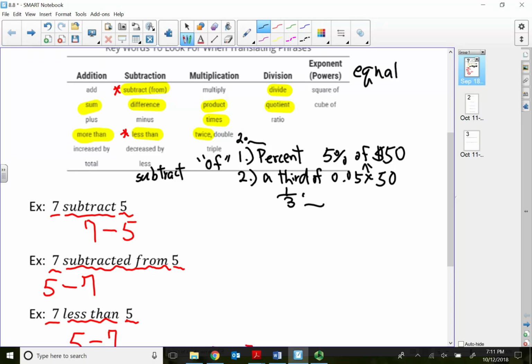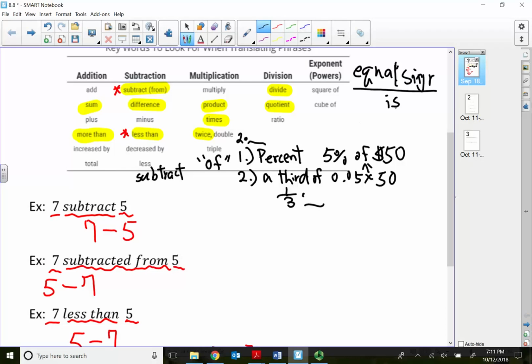Translating for the equal sign is extremely tricky because it does go by the context of the word problem. But sometimes the word is means equal sign.